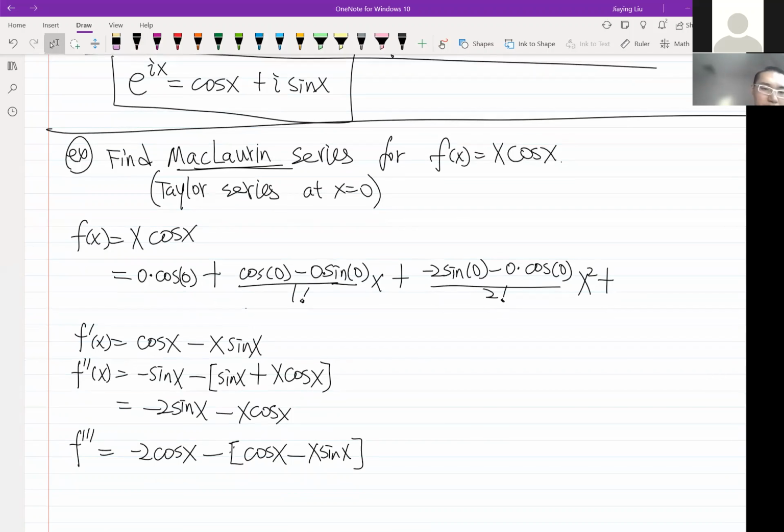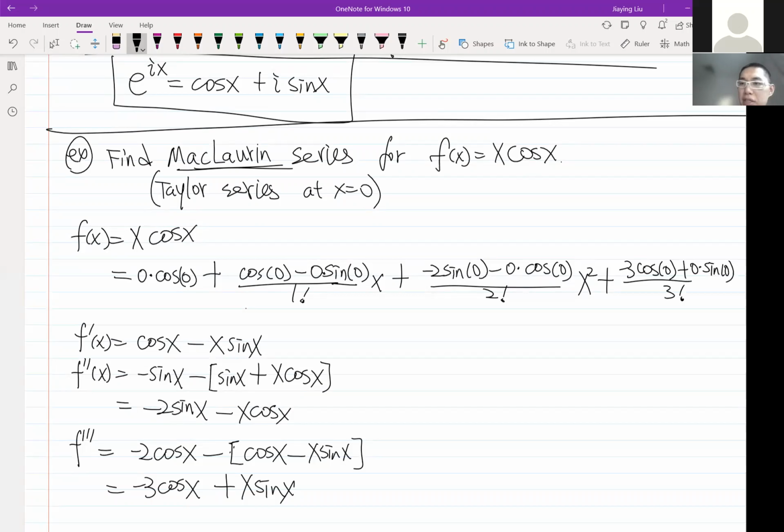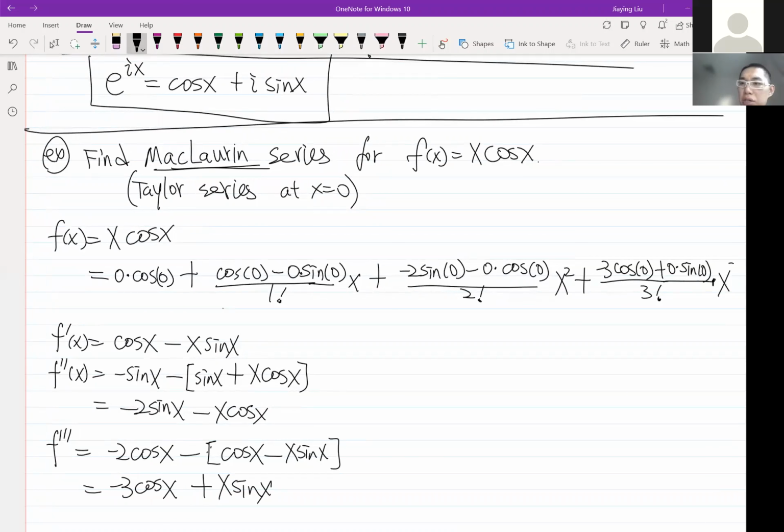If I simplify this, that becomes negative 3 cosine x plus x sine x. I need to put 0 in there to find the next term in the Maclaurin series. So that will be negative 3 cosine of 0 plus 0 times sine of 0, divided by 3 factorial times x cubed, and so on.